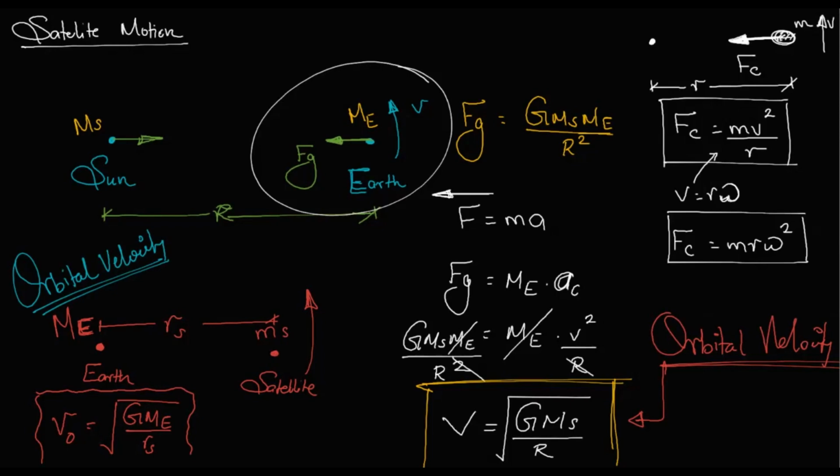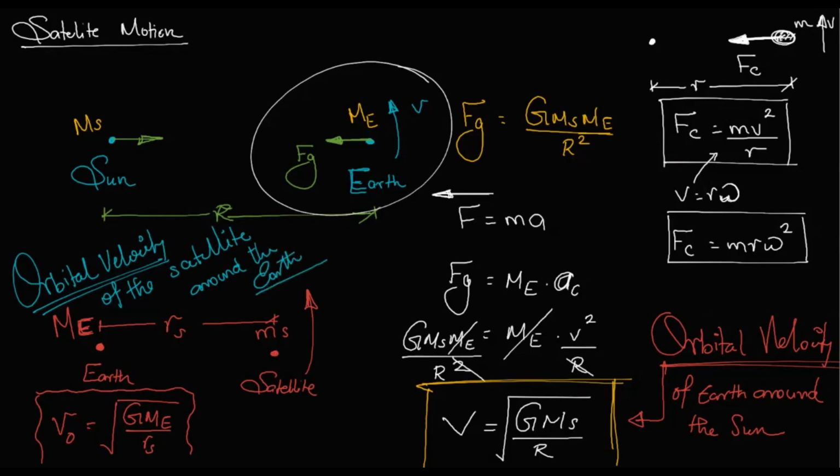So it is not the orbital velocity of Earth around the sun. And here, orbital velocity of the satellite around the Earth, right? Take this down and let me know.